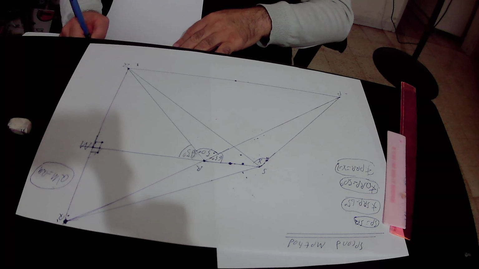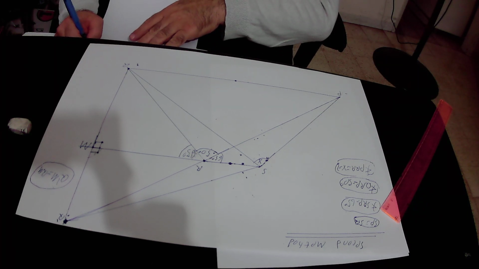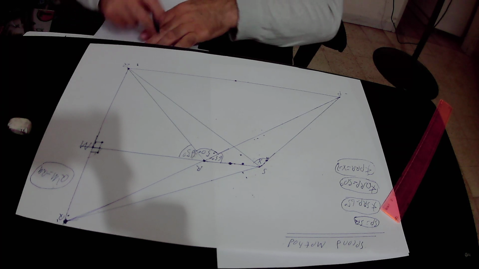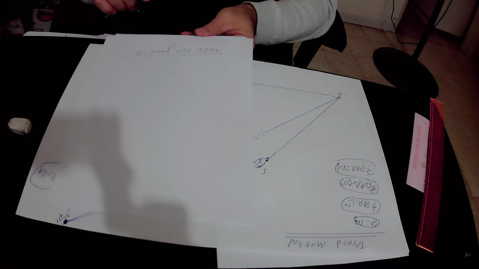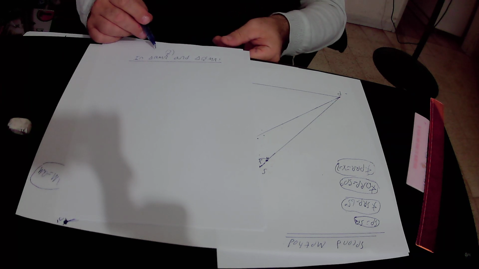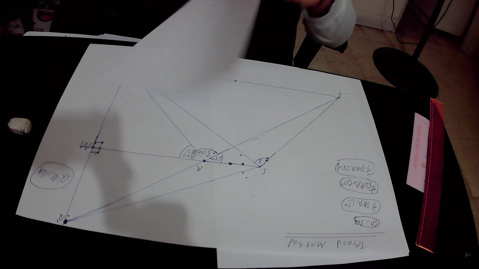And we will prove that those two right triangles can go into each other. We will prove that the right triangle QMR can go into the right triangle Q'MR.